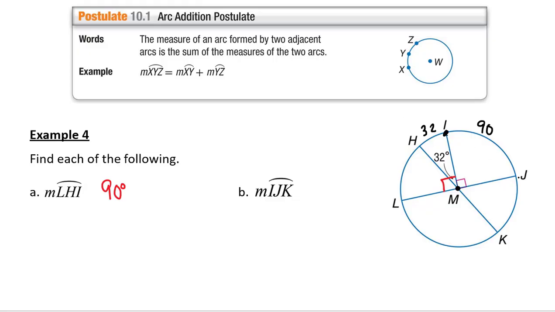I, J, K. Going around there, we know HK is the diameter, so that whole thing is 180. What do I have to subtract? I have to subtract this little arc of 32. So that gets me 148.